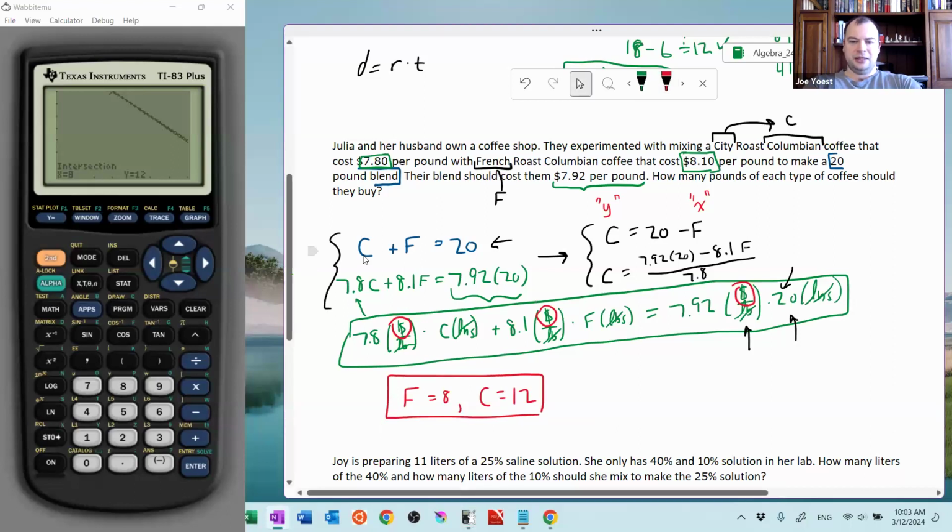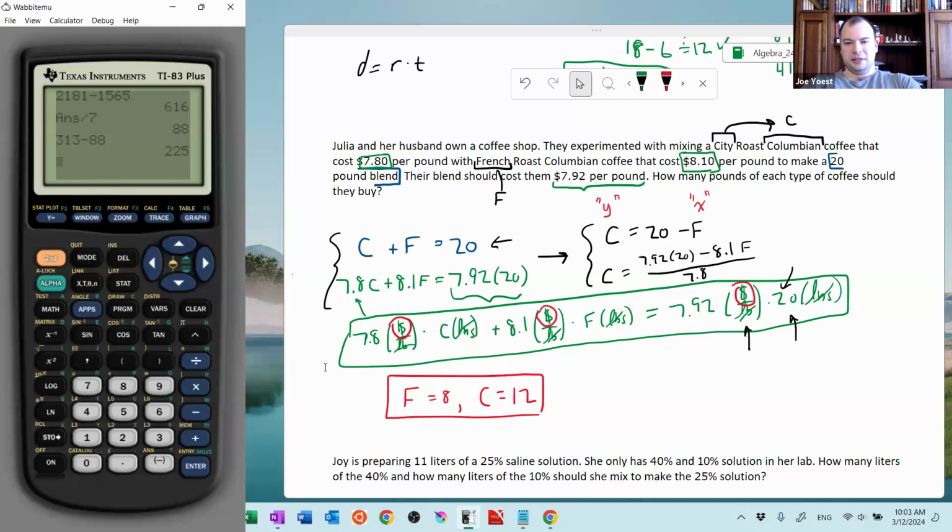I do see that 12 plus 8 is 20, so the first equation is satisfied. And I can check that 7.8 times C, or times 12, plus 8.1 times F, or times 8, that's 158.4. Is that 7.92 times 20? Fingers crossed, and it is.